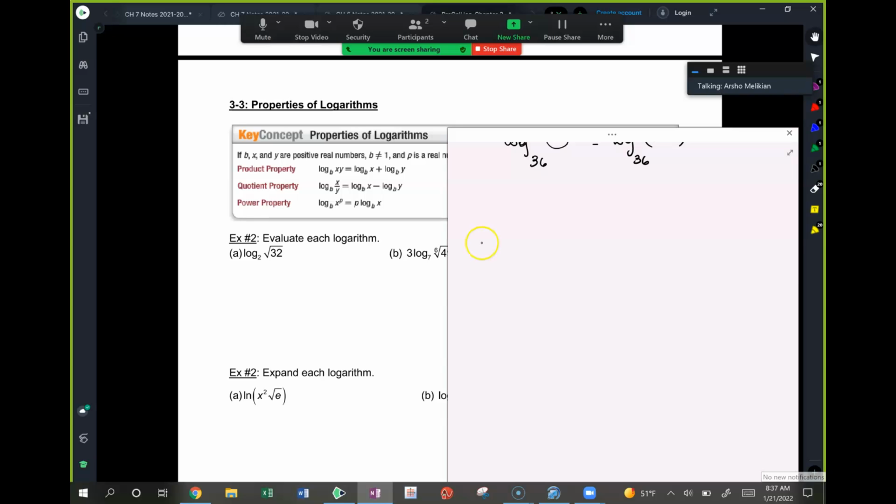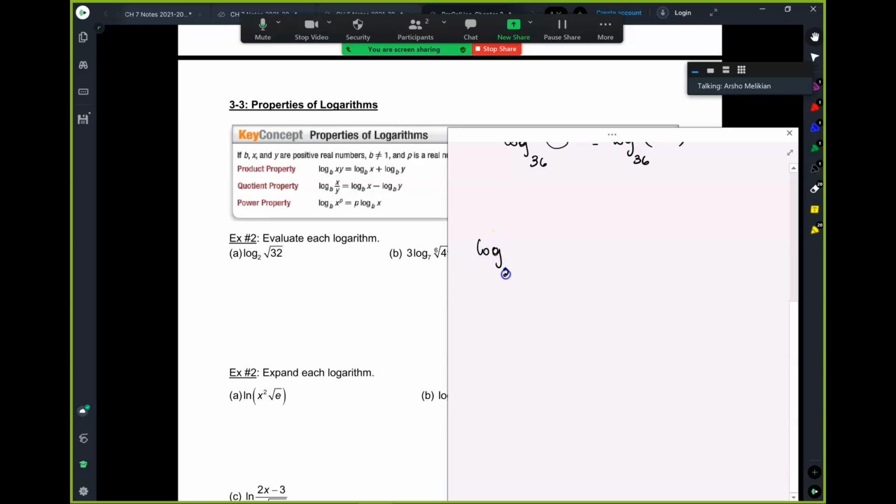So suppose I were to ask you, what is log base 2 of 32, right? So that's the exponent of 2 that would give you a 32, and that's a what? 5, right? Now, suppose I took the 32 and I split it up into 2 of its factors.